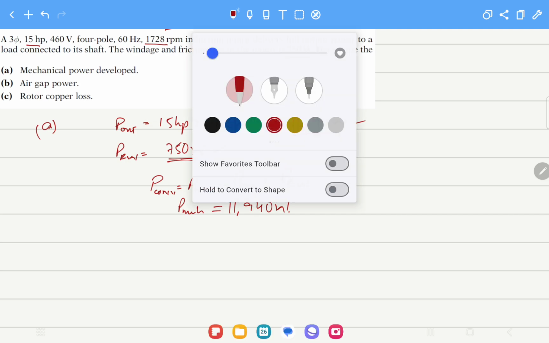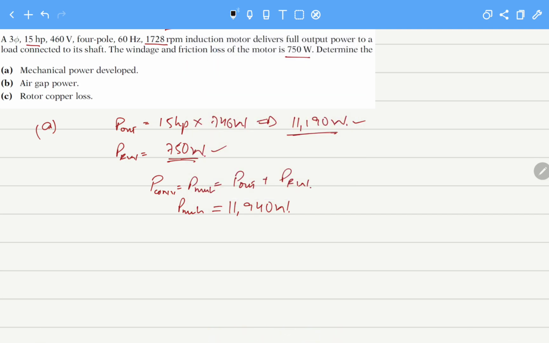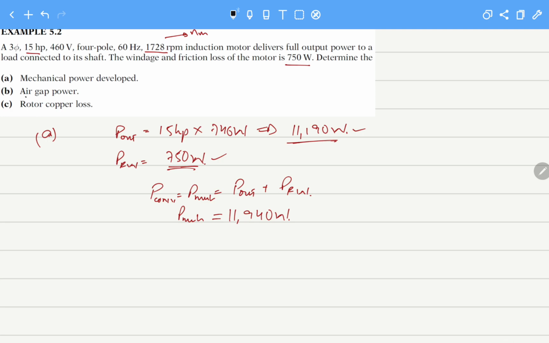The second part asks what the air gap power is. Air gap power is the power that is calculated, from which we subtract the rotor copper losses. We can calculate this by the formulas.